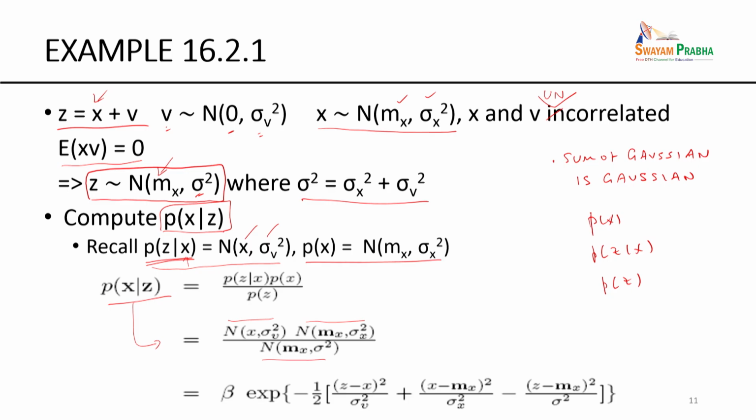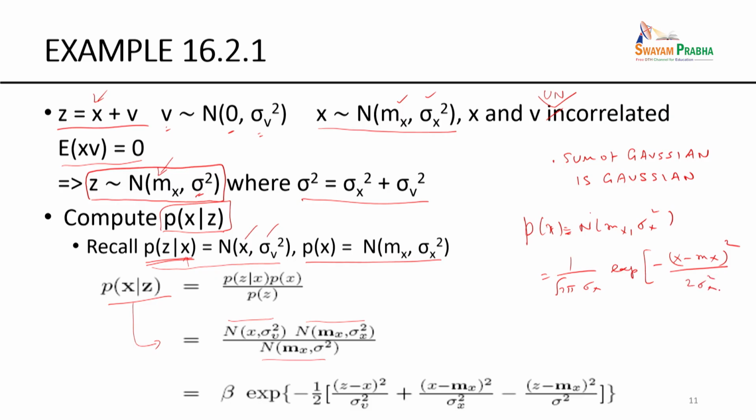Every Gaussian density, if you recall, so if I say p of x is normal with mean mx and variance sigma square x, what does this mean? This is equal to 1 over square root of 2 pi sigma x times exponential of minus x minus mx whole square divided by 2 sigma square x.